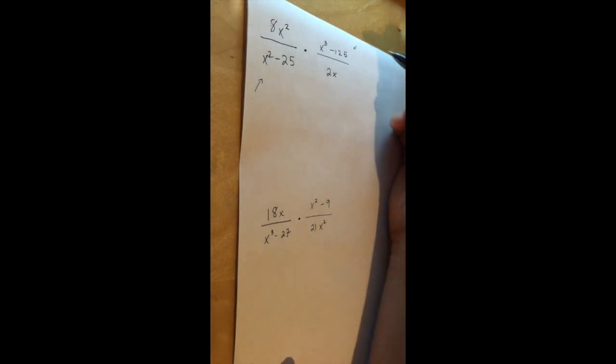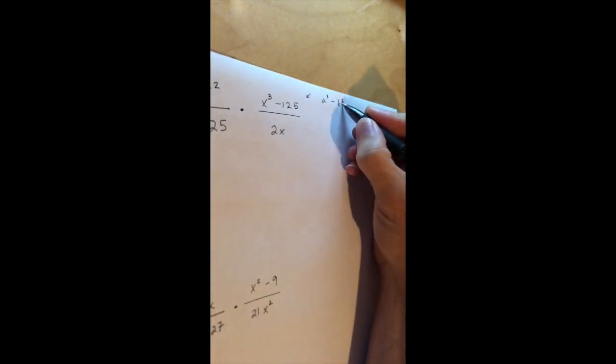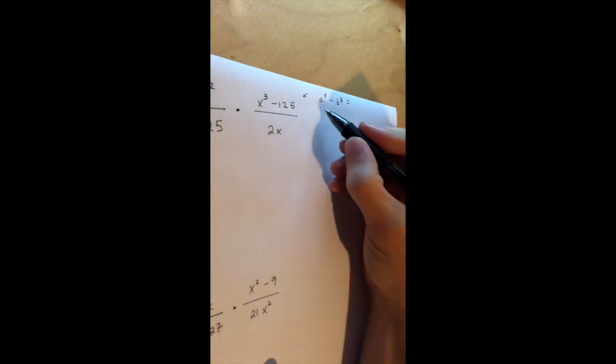The hardest part is going to be this top right, this x cubed minus 125. You have to remember that this is the difference of two cubes, and we call that a cubed minus b cubed. And there's a formula for this. If your two factors both have cube roots.